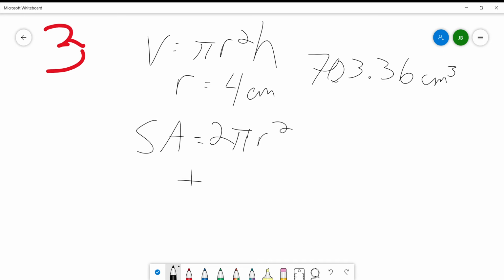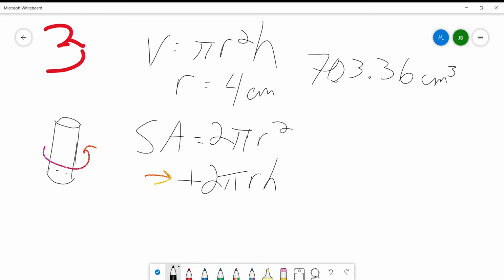The curved surface is 2 pi r h. So this curvy surface that goes around is this part right here: 2 pi r times how high it is.